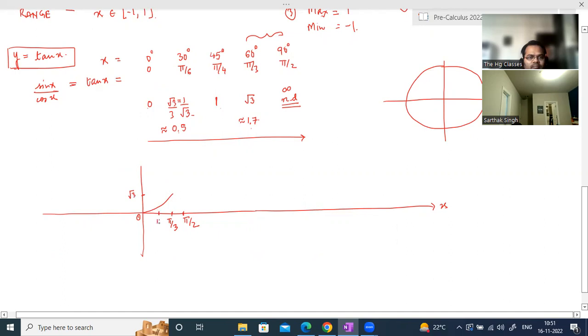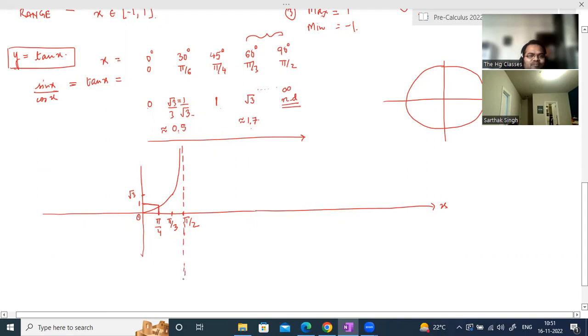Somewhere midway, pi by 4, it will be 1, right? And after that, we don't know what the values are, but we know that it has to increase because it has to go to infinity. So it will increase like this. And it will touch this vertical line at infinity.